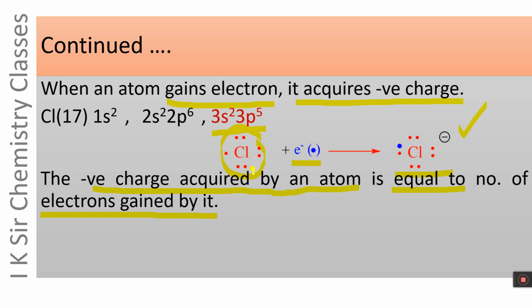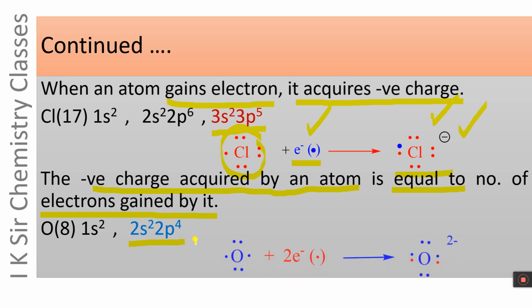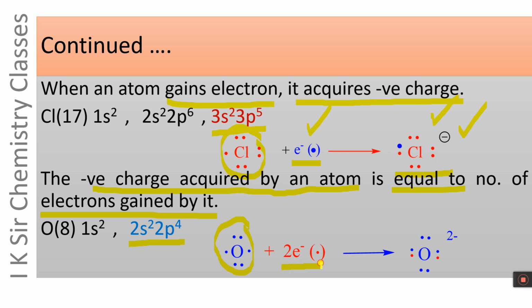Chlorine atom gains 1 electron and it acquires 1 minus charge. Oxygen atom has 6 valence electrons. If oxygen atom having 6 valence electrons gains 2 electrons, it acquires 2 minus charge, forming oxide ion.